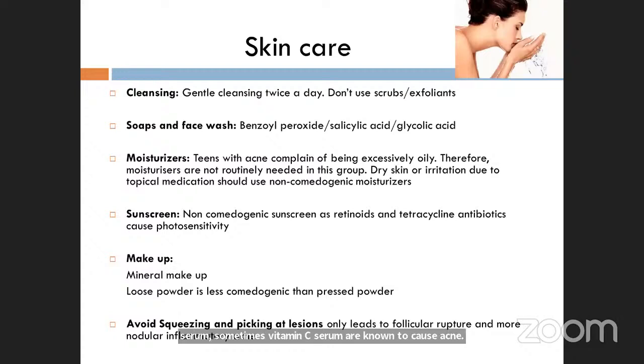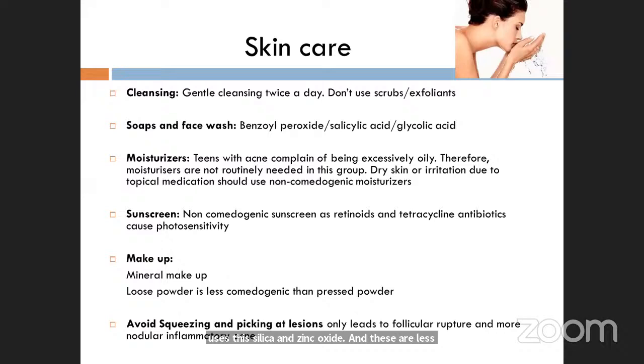So makeup, I think teenagers, not very important, but if they insist on doing it, they can choose mineral based makeup. So every company has mineral based makeup, which basically uses silica and zinc oxide. And these are less comedogenic. They are less likely to cause acne.